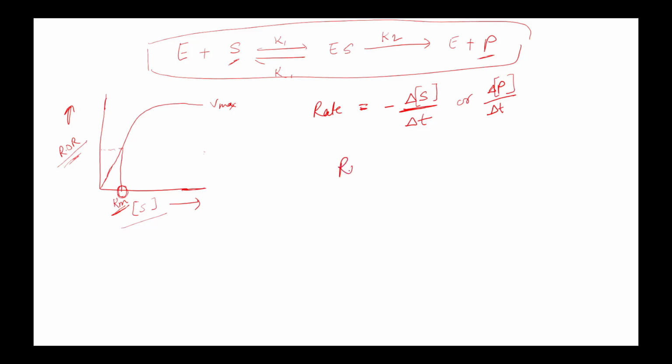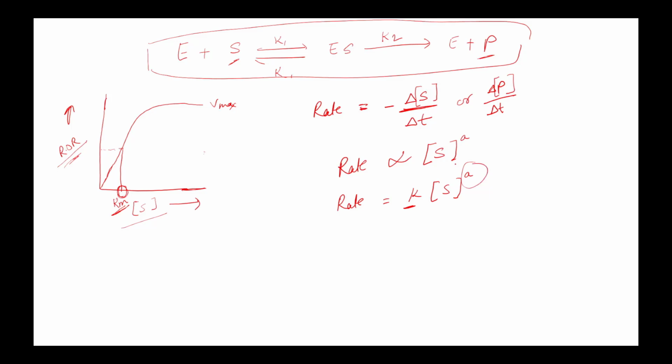So rate is proportional to the appropriate power. Here K is a proportionality constant, also called the rate constant, and the exponents must be determined experimentally.